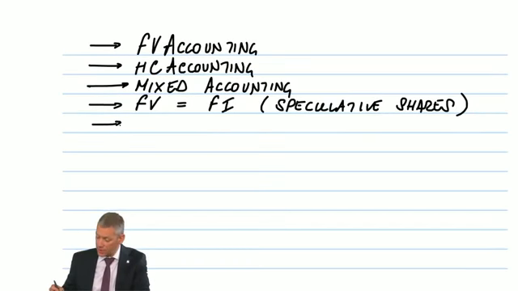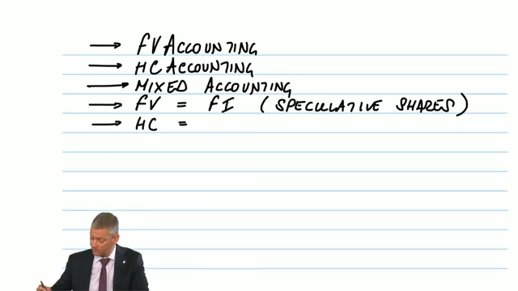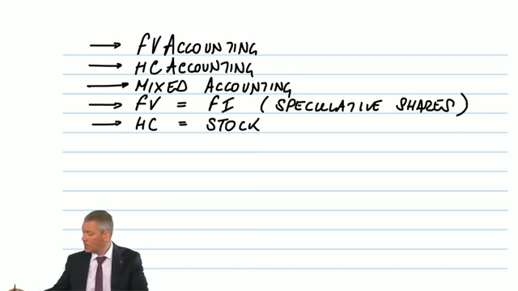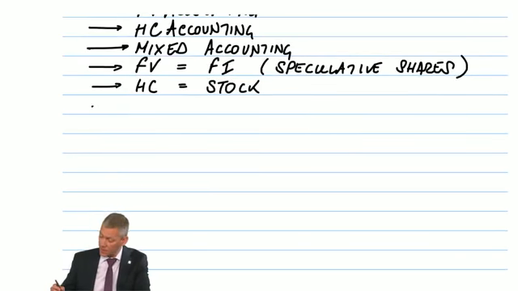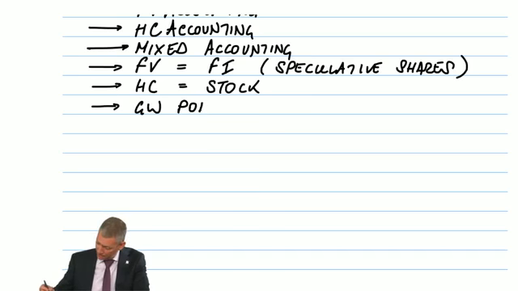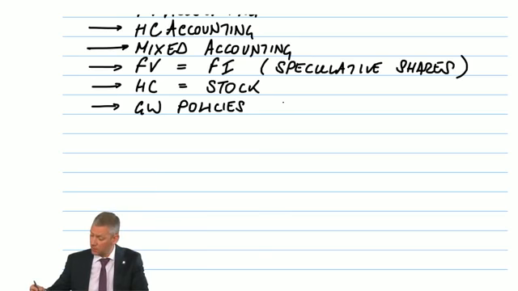The sort of things that are usually at historical cost are things like stock. Then you can talk about the policy choices. So you've got goodwill policies. You've got full and partial.